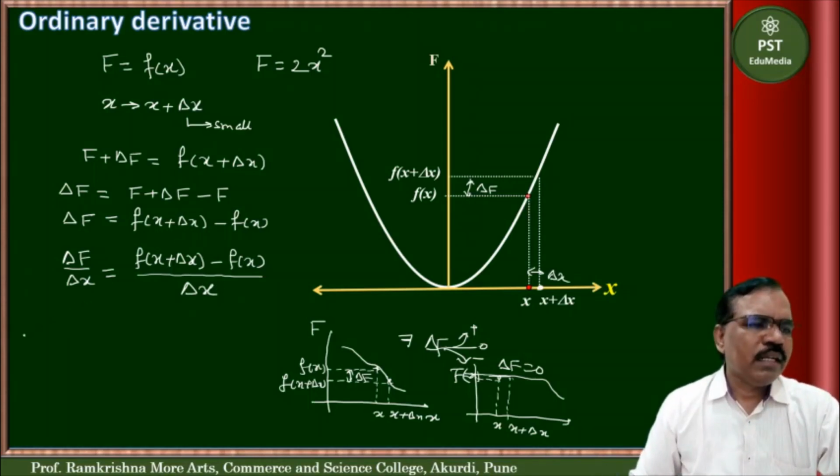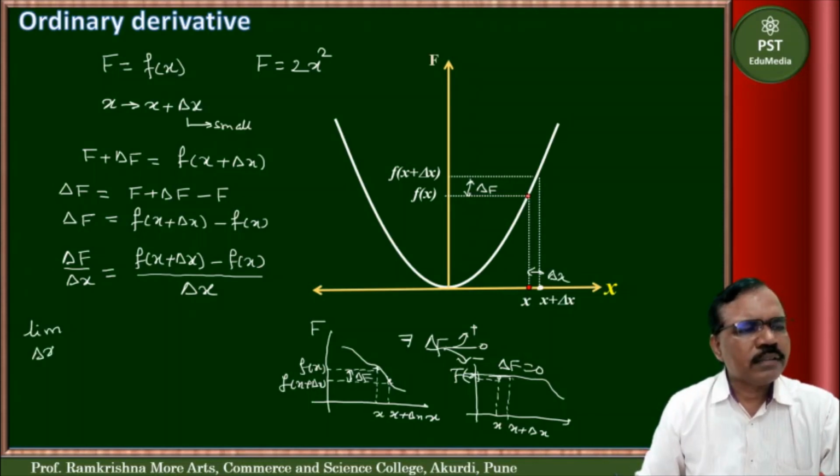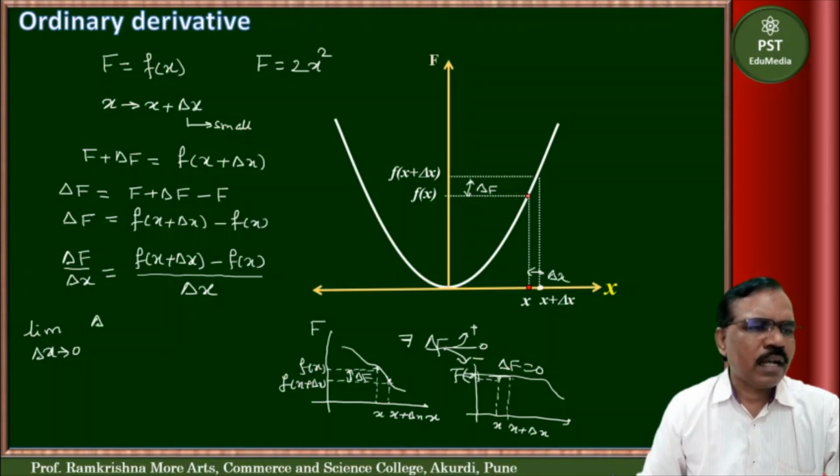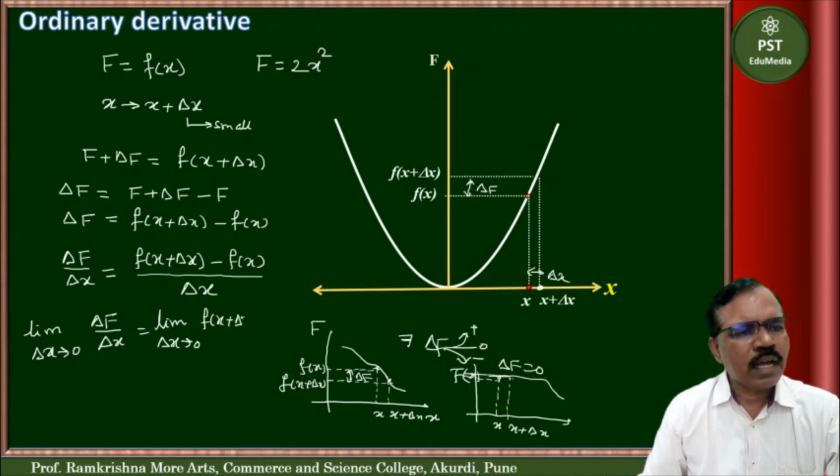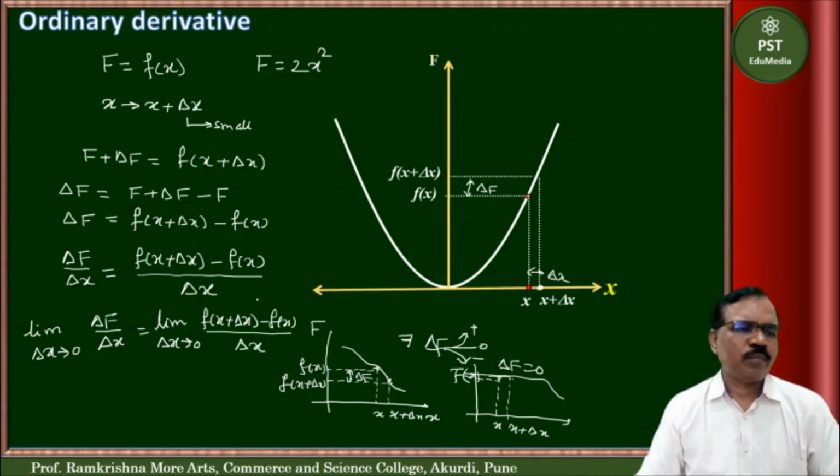Suppose we take the limit delta x tends to 0, delta f upon delta x. This is limit delta x tends to 0, f of x plus delta x minus f of x divided by delta x.